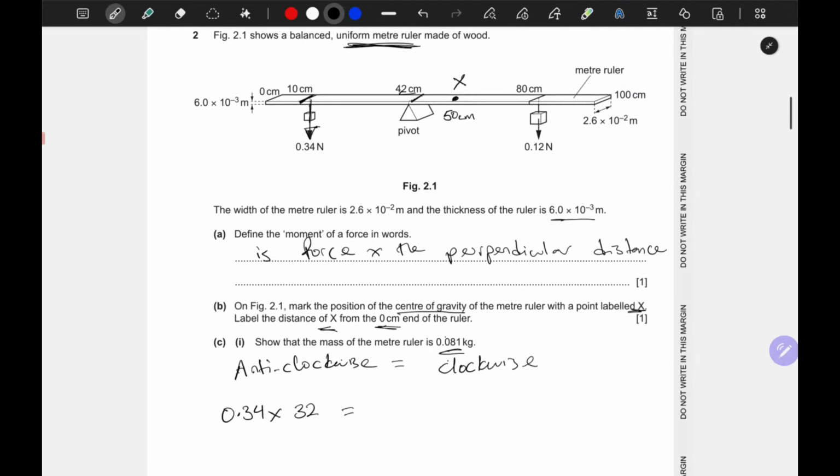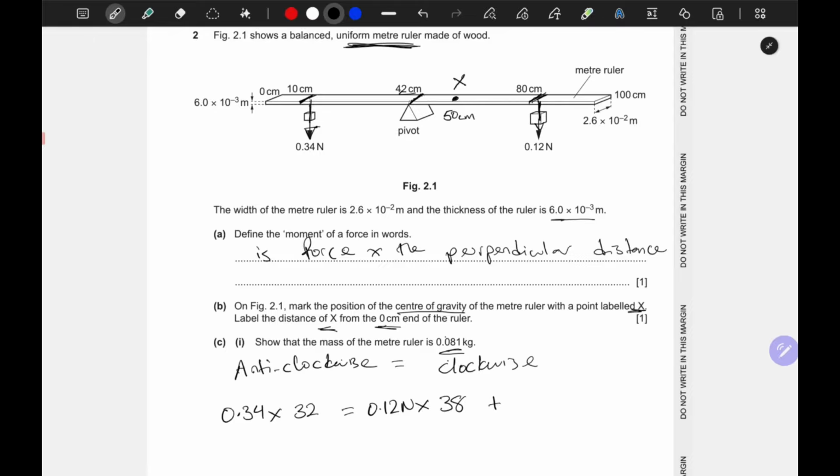So this one, we have two. The first one is obviously this one, the 0.12 newton, times the 80 centimeters. So we have to have 80 minus 42, which is 38. The distance between the pivot and this mark over here.